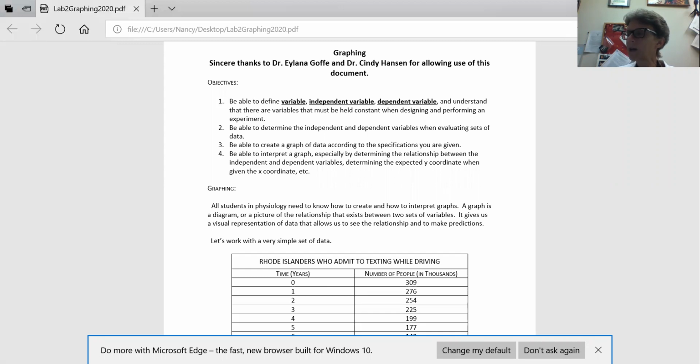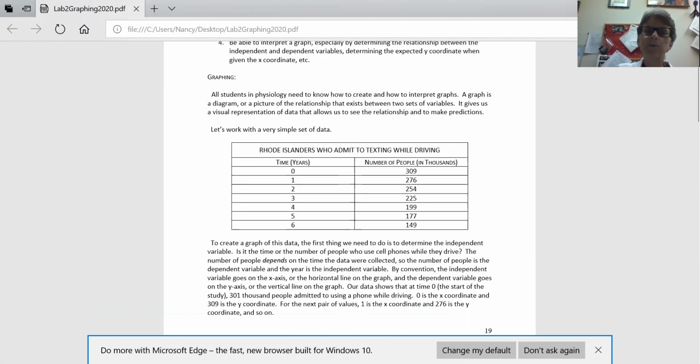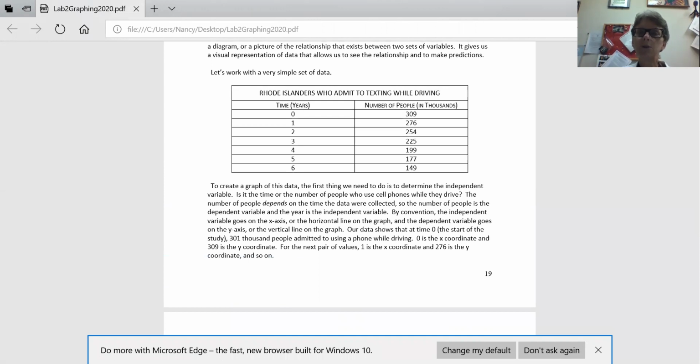So the independent variable is the one that the experimenter controls or changes, whereas the dependent variable, its value depends on the other variable. So if we look at this example right here, for Rhode Islanders who admit to texting while driving, if you have a variable that's called time, time is always the independent variable because that is what the experimenter is manipulating, like how often he takes measurements, for example.